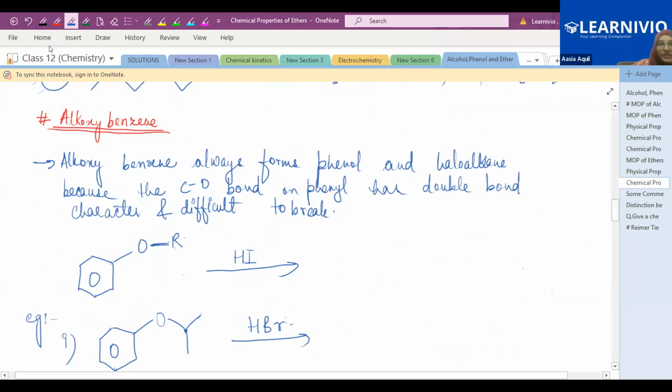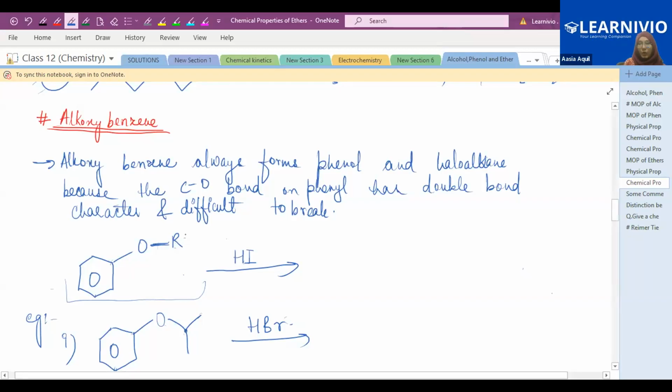You should know what alkoxybenzene is. If you see this type of structure, this is the oxygen linkage, and on one side, suppose the right-hand side, an alkyl group is there. R group means the alkyl group, any CH3, C2H5, anything, and on the left side you can see this is a benzene ring.